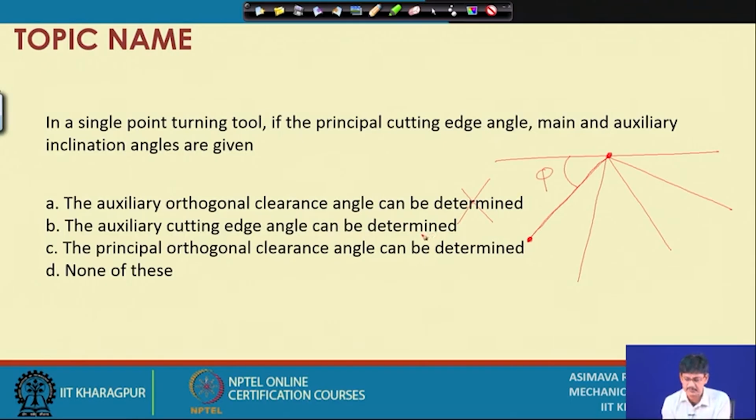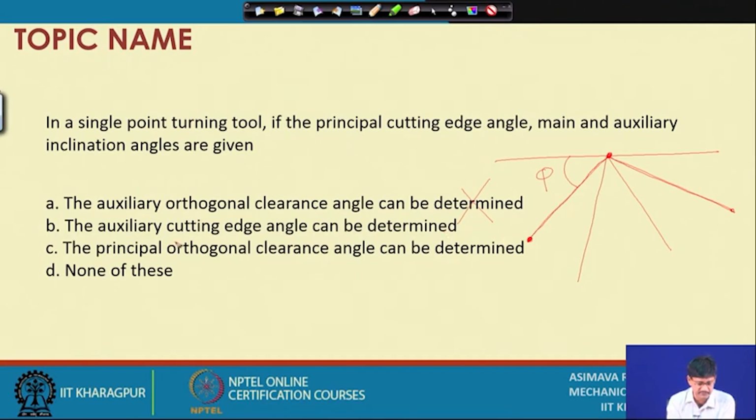Auxiliary cutting edge means that we can essentially find out the orientation of the auxiliary cutting edge. Up till now we do not know it. The principal orthogonal clearance angle can be determined. Now, let us see this one, principal orthogonal clearance angle. Once again, this deals with information about the clearance surface. So, we cannot find this out.